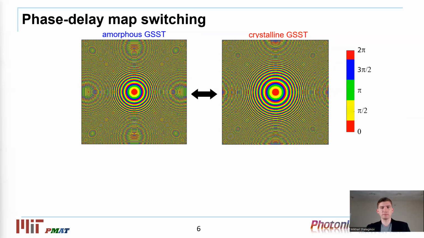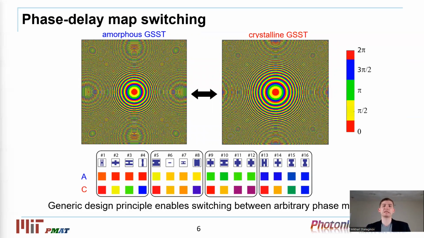Each meta-atom acts as a phase delay pixel toggling between two phase delay values. Ultimately, for realization of this bi-state varifocal metalens, we used 16 distinct meta-atom geometries, which you can see here. These geometries enabled the required phase delay value switches.